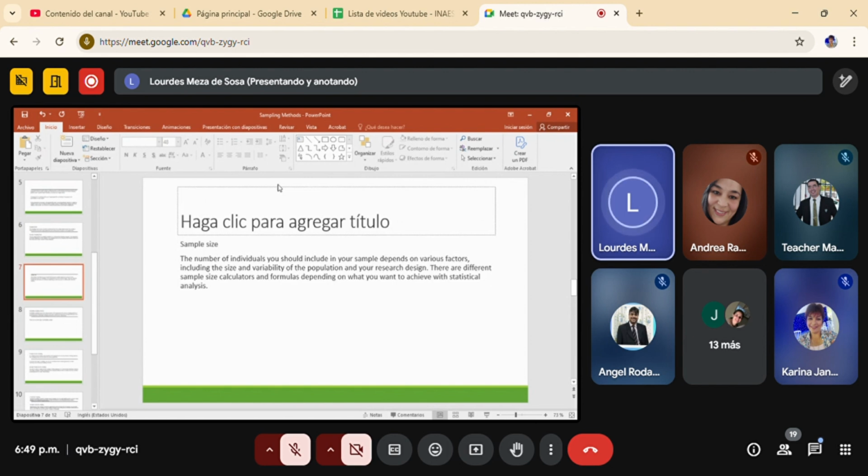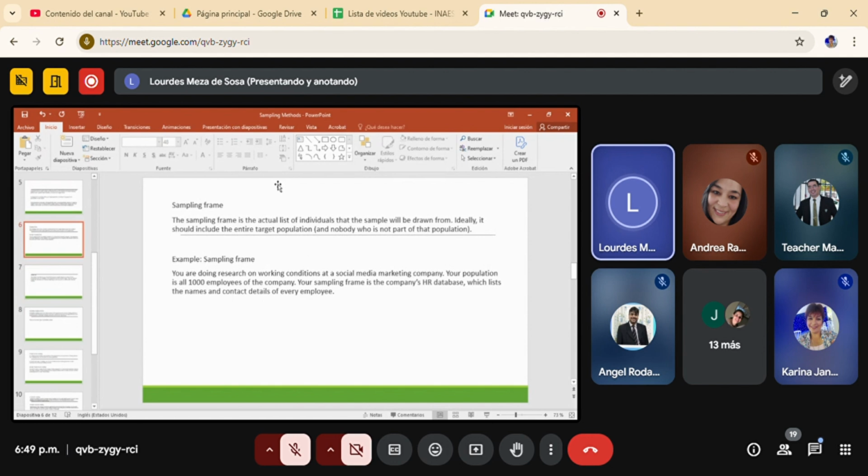Let's say I don't actually want everybody there, but I will choose the ones that are above 25, for example, right? My sampling frame is everybody, but my sample itself are people who are over 25.